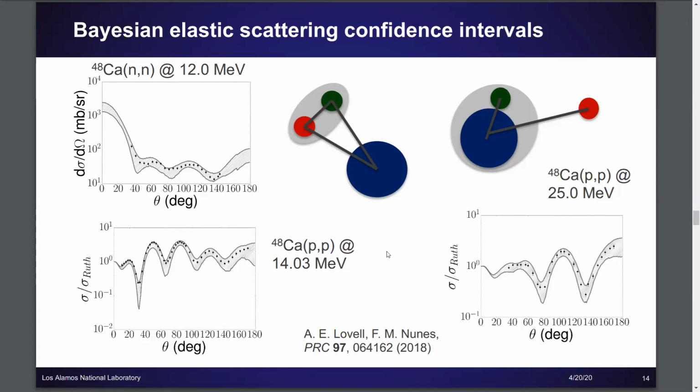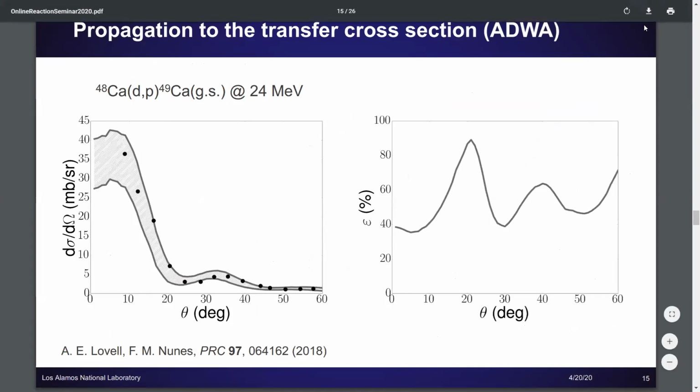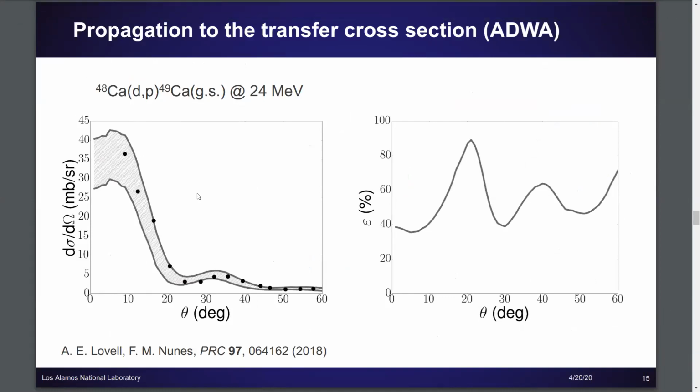Then we can propagate these to the transfer cross-section, again using the adiabatic wave approximation, which is shown here on the left. We're getting calcium-48 (d,p) scattering at about 24 MeV. You'll notice that these intervals are a lot wider than what we saw for the carbon-12 chi-square case.